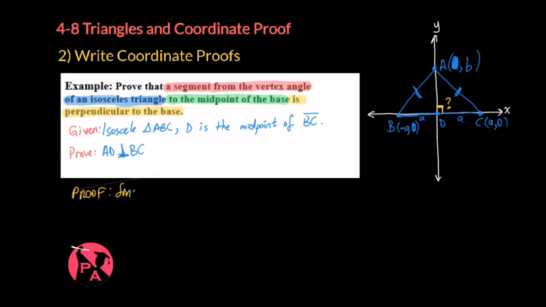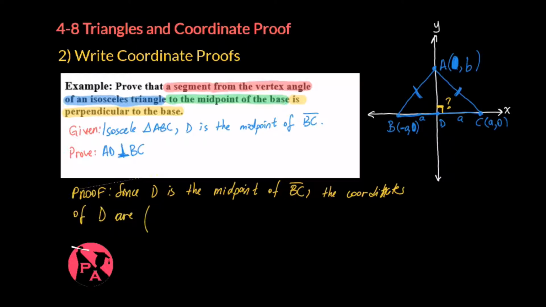So since point D is the midpoint of segment BC, here's what we are going to do for the coordinates of D. Since D is the midpoint, it's going to be the sum of these two x-coordinates divided by 2, and also the sum of these two y-coordinates divided by 2.